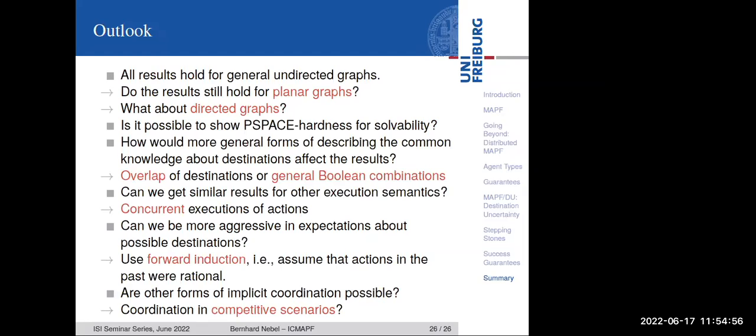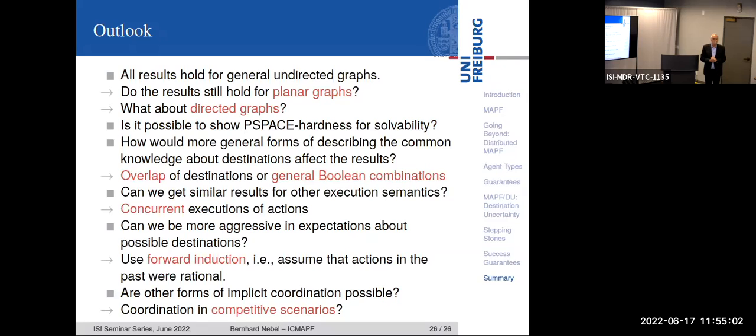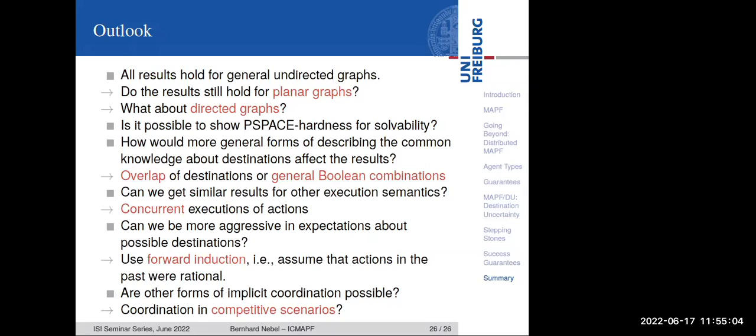I had two quick questions for the speaker. First of all, it's odd that you say that no communication is allowed here, because of course, the fact that agents can see each other means that agents implicitly have a way to communicate. One could imagine the agents engaging in some communication protocol where agents jiggle back and forth a little bit to communicate messages before they start moving to their destination.